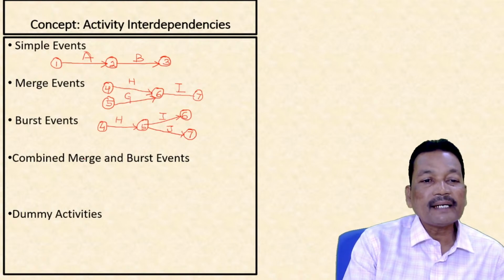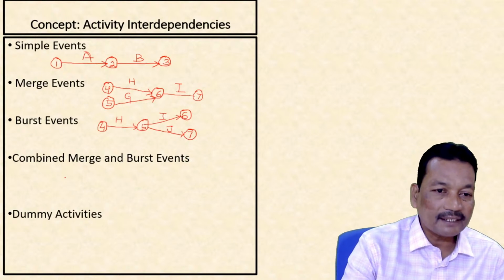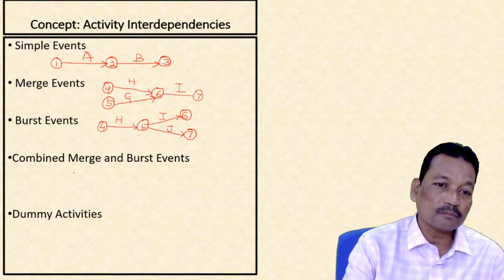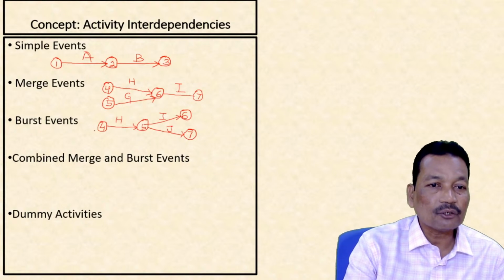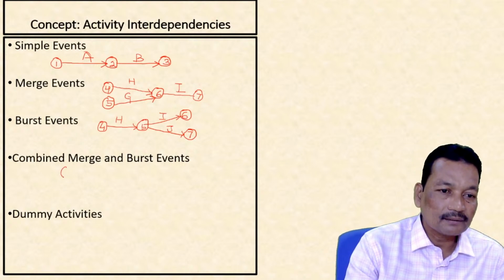Now, combined merge and burst events. What we mean by that? Let us see. Both merging that we saw in the second case here, and burst we saw here. How it will be looking like?